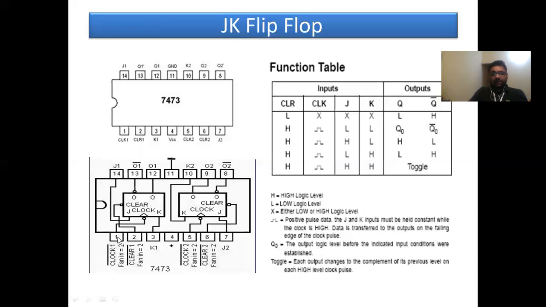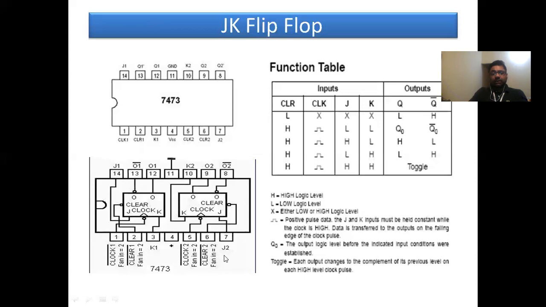The first pin is the clock of the first JK flip-flop. The second pin is the clear pin, which I was talking about for asynchronous operation. Then we have K1, which is the input to the first flip-flop. Then you have VCC. Then you have clock 2.